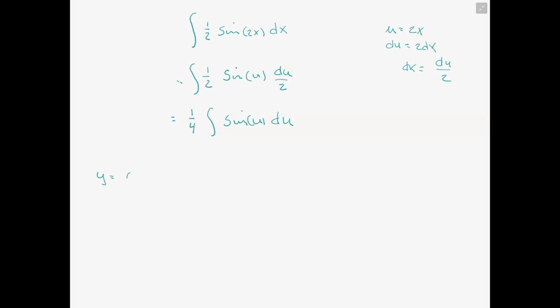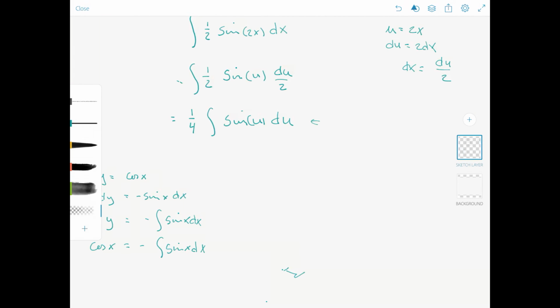But we know what the integral of sine u du is. Remember, when we took our sine, we went y equals cosine x, dy equals minus sine x dx, and so cosine x equals minus sine x dx. Here we don't have the negative sign up here.